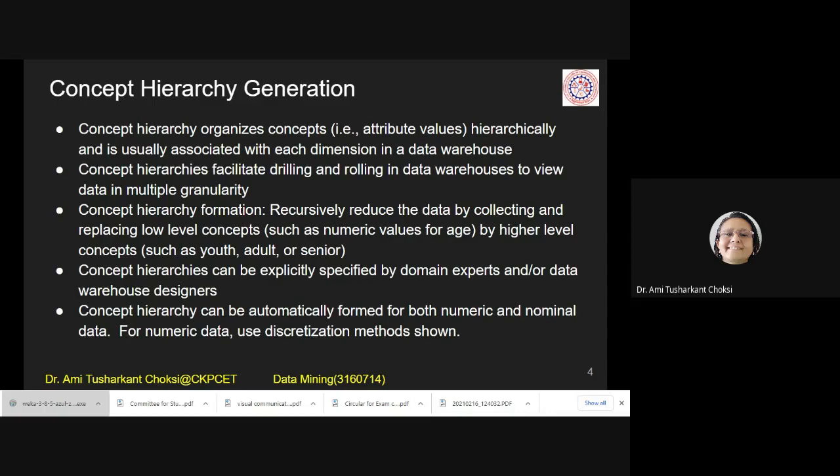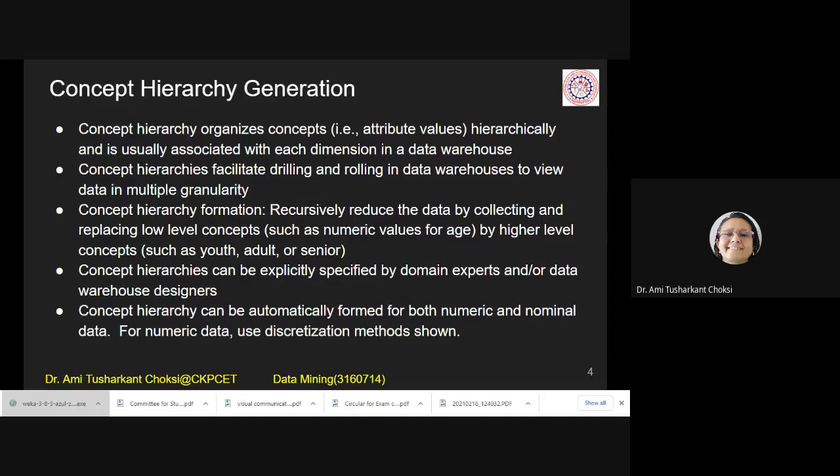Now when we group it together, what will it make? It will make youth, adult or senior, isn't it? Same way, if we are having cities together, they will make the state, right? So city is a low level concept, and when we combine a few cities, it will make the state.